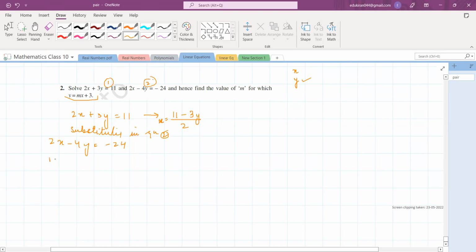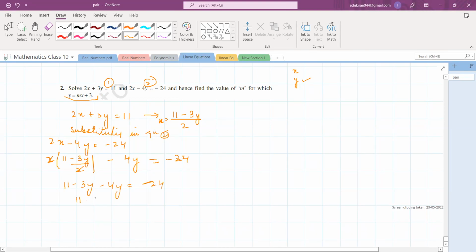Okay, so 2 into 11 minus 3y divided by 2, then minus 4y is equal to minus 24, right? So this 2 will get cancelled out. Then 11 minus 3y and then minus 4y is equal to minus 24.